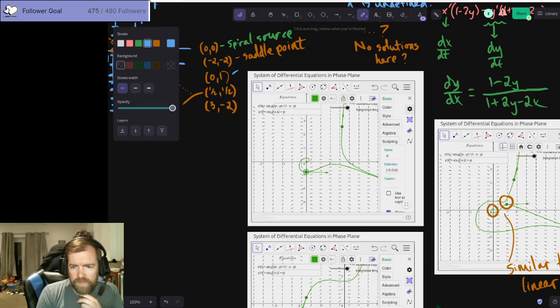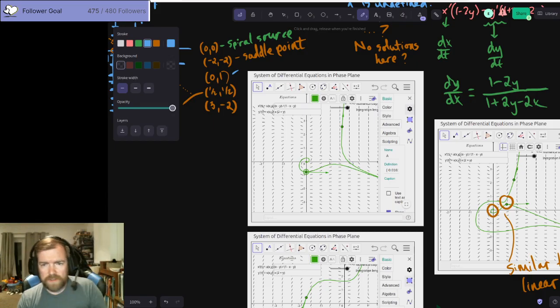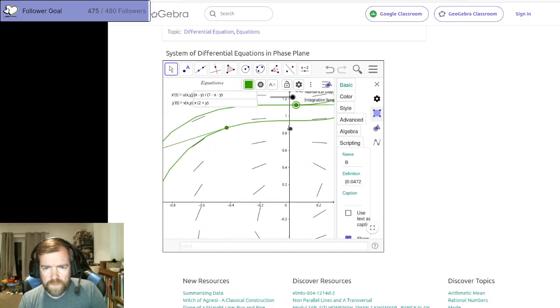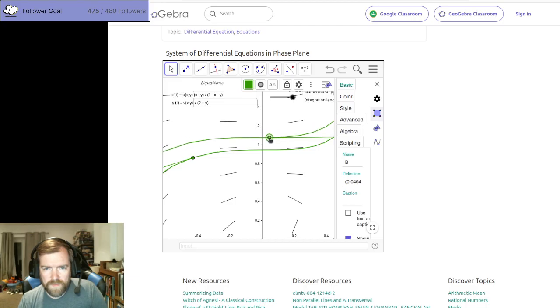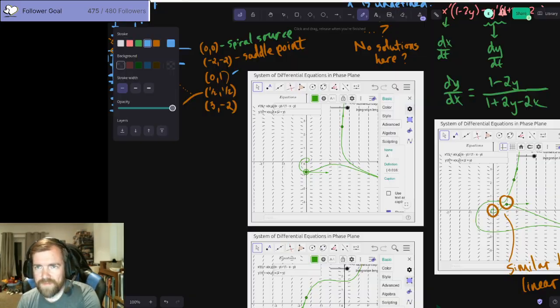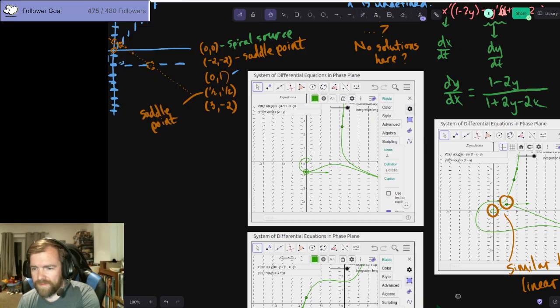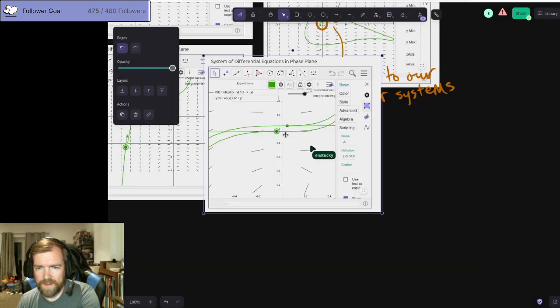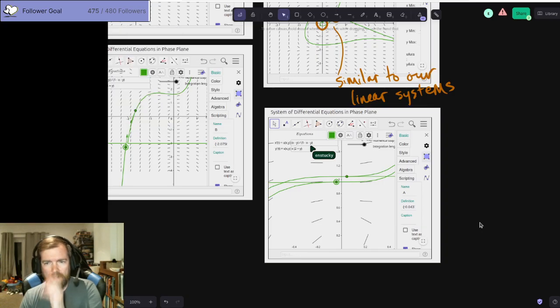I guess that's also pretty saddle-like behavior. Oh, I see, I have the wrong one. No? Okay.